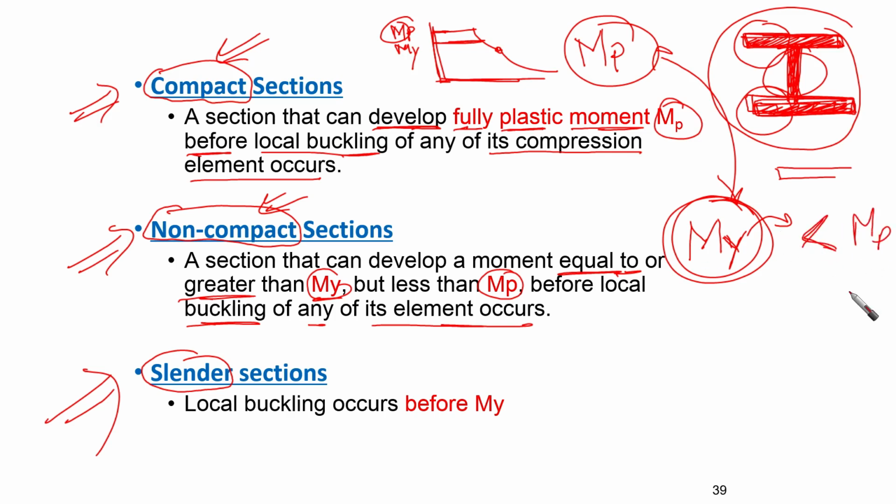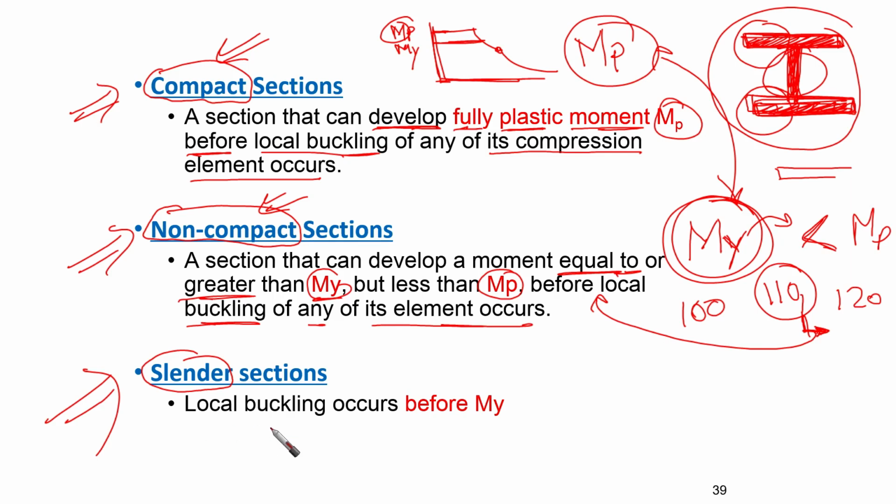If we say, for example, MP is 120 and M yield is 100, the non-compact can provide, for example, 110, and after 110 local buckling occurs. The compression flange would buckle, for example.